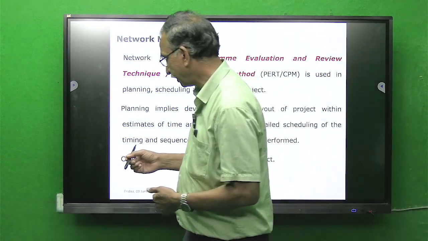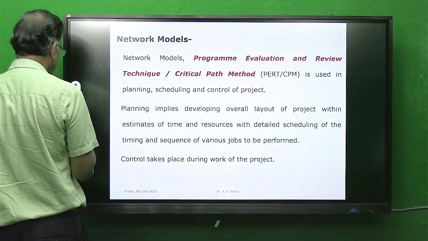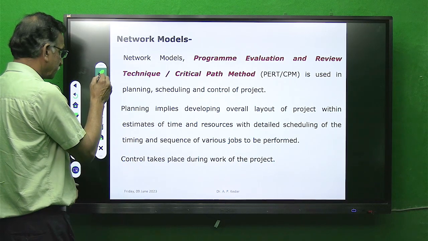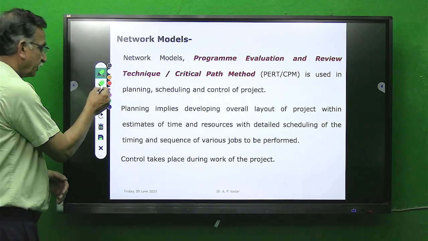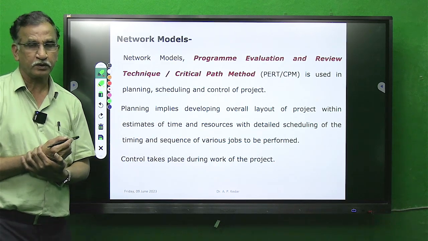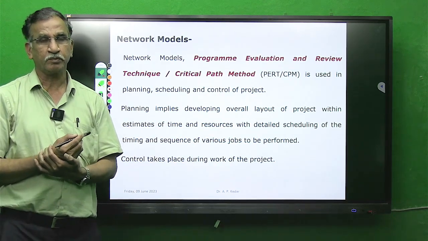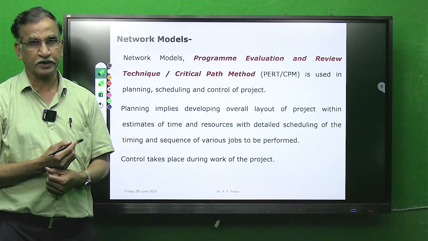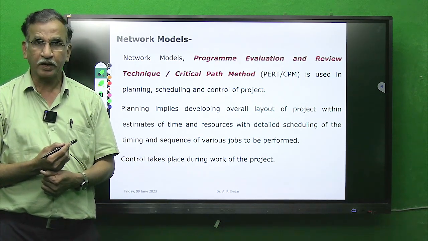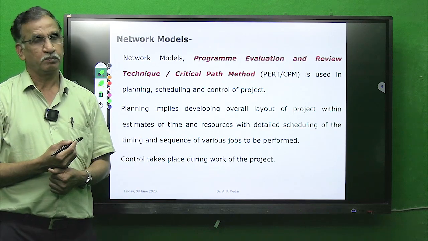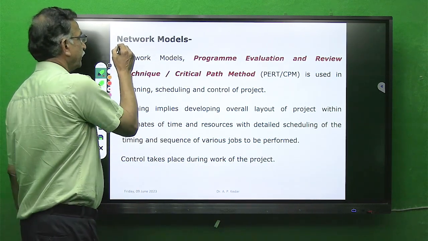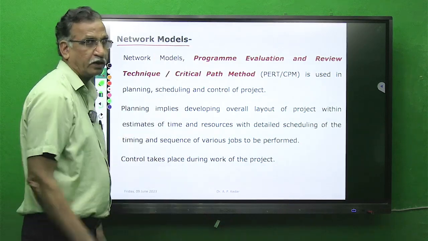When we talk of network management, we basically come across 2 important abbreviations. One is PERT and another is CPM. PERT stands for Program Evaluation and Review Technique. The other is CPM, that is Critical Path Method. Both PERT and CPM come under the aspect of network models.